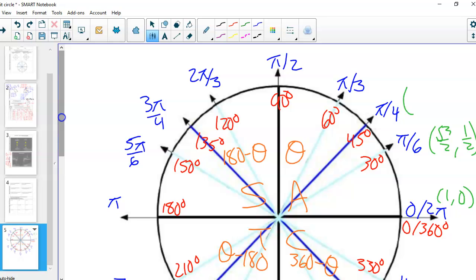Pi over 4: root 2 over 2, root 2 over 2. Pi over 3: 1/2, root 3 over 2. For 90, you're at 0, 1.